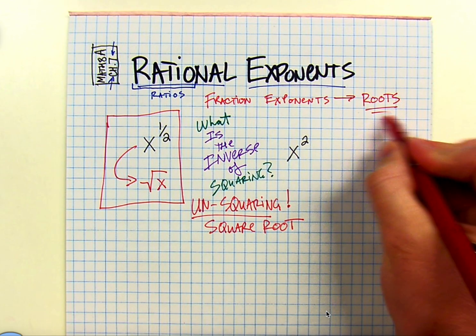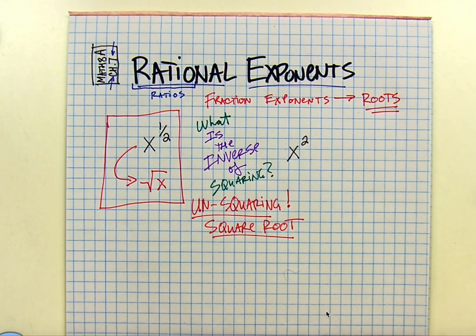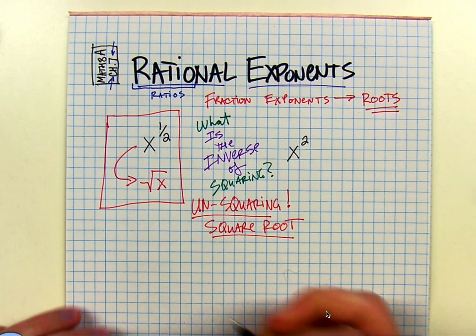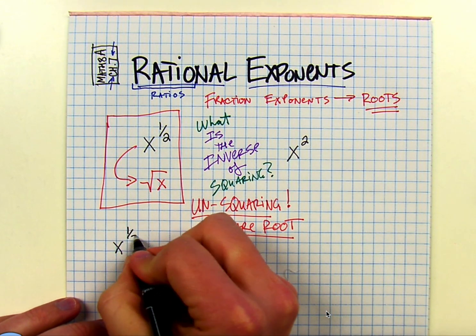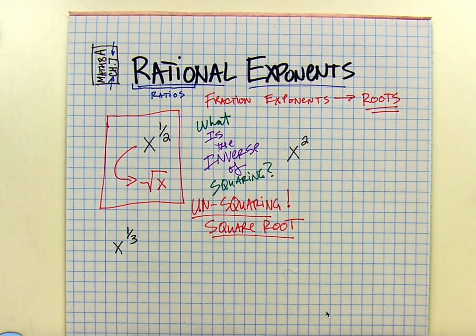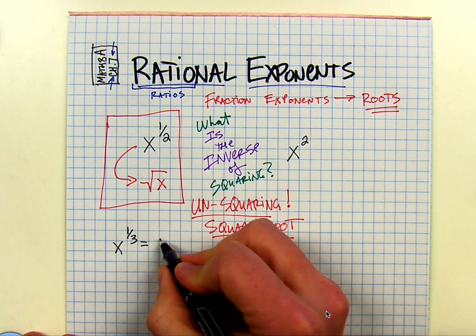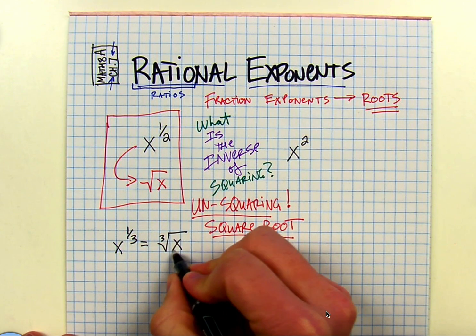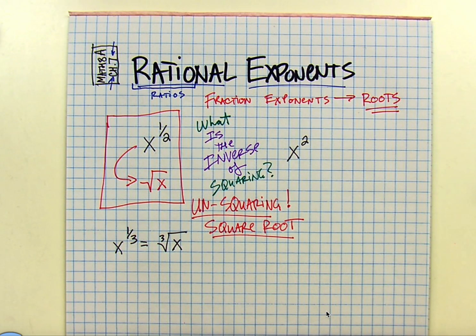When I say roots, I mean square roots, or there are other kinds of roots as well. So what would x to the 1/3 power be? It would be not the square root, it would be the cube root of x. And hopefully you know that there is such a thing as a cube root. It means uncubing something.